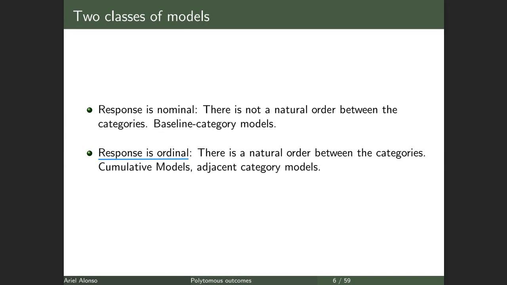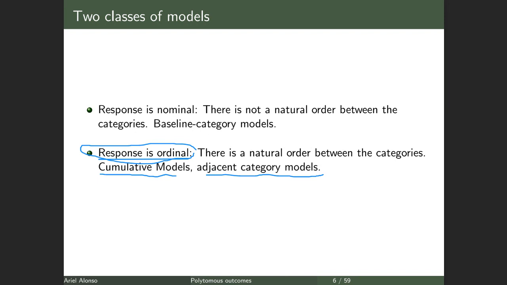Here you have, again, a categorical variable, but you can argue that there is a natural order in these categories, because you can say worsened is worse than status quo, and status quo is worse than improved, and improved is worse than cured. So you have a natural order in your categories. And if there is a natural order between the categories, then we are going to see two different types of models: what we are going to call cumulative models, and what we are going to call the adjacent category models. So for the ordinal responses, we are going to see two models.